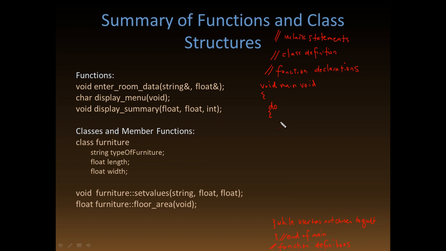So the first thing I have to do is display the menu, and luckily I've got a function right here called display menu. So I would call that function, it would display the menu and return what the user's option was. Okay, it's returning this character here.